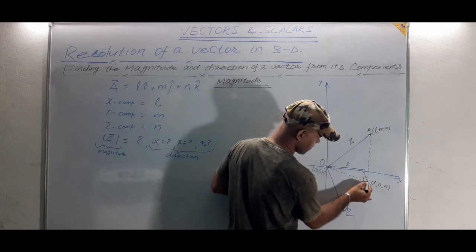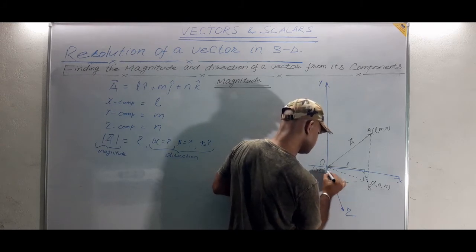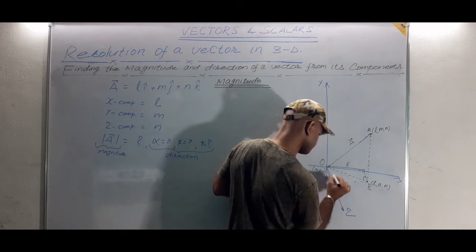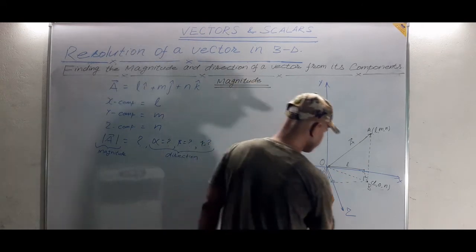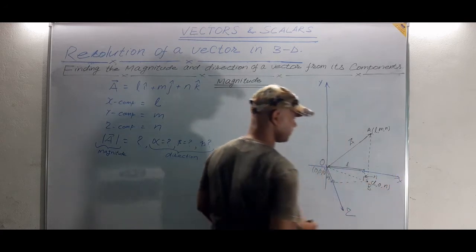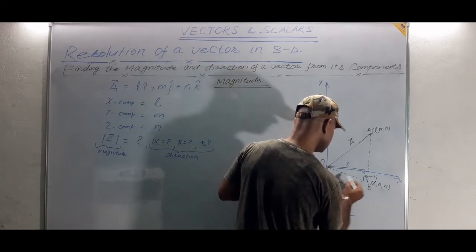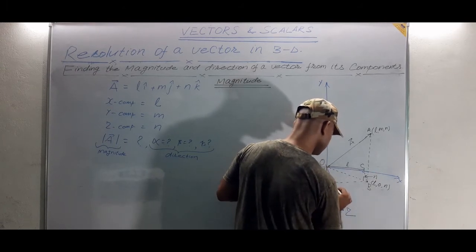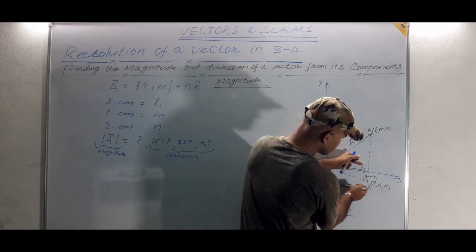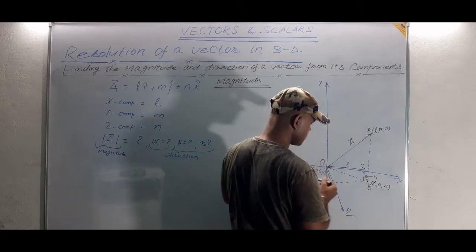Similarly, if I drop a perpendicular on z-axis, this will be equal to the z coordinate which is N. Are you getting it? So if this is N, this length is also N, right? Let me call this C and this D. So OD will be equal to BC. So BC will be equal to N, the z coordinate, right?